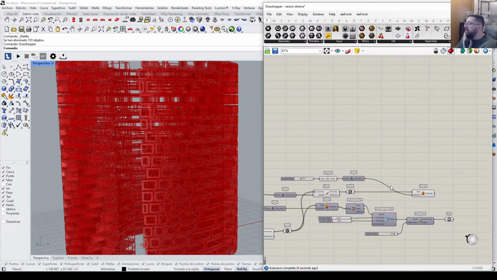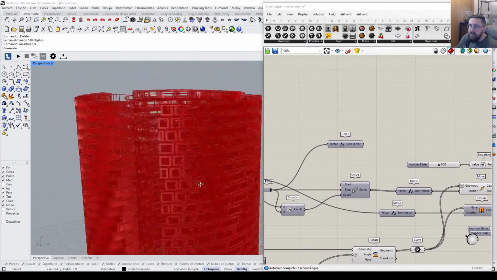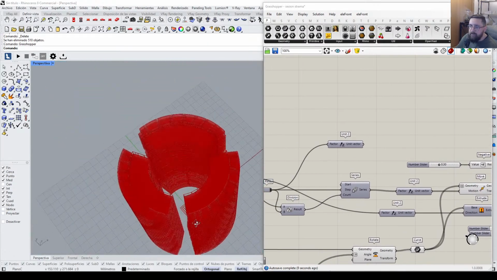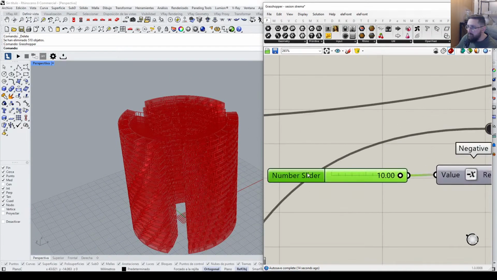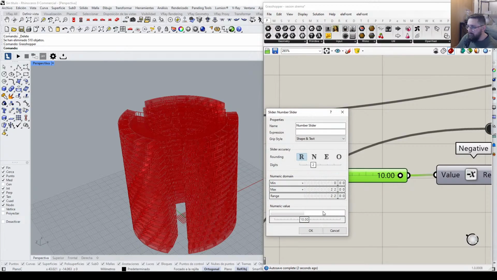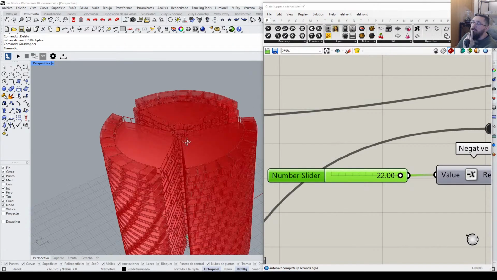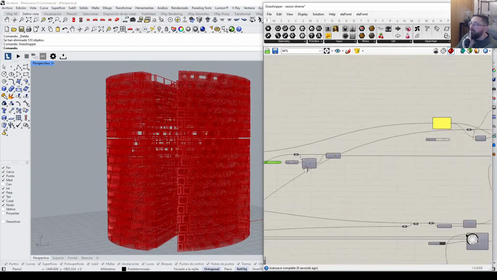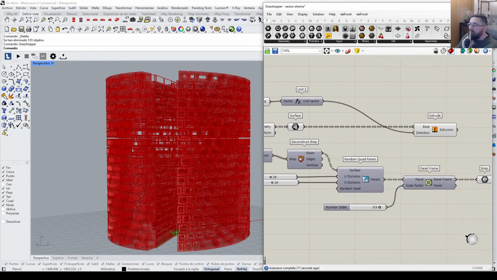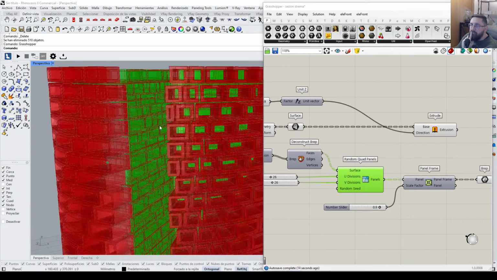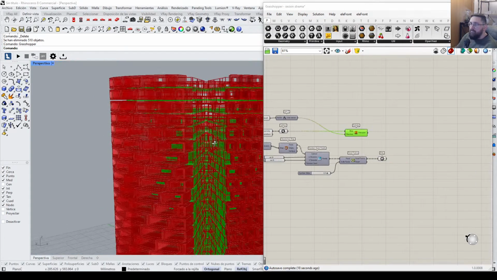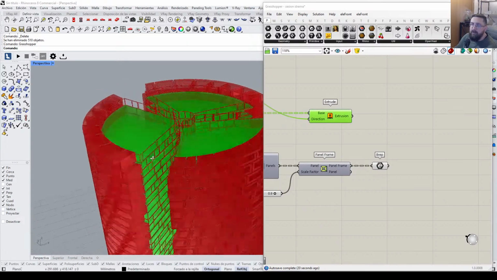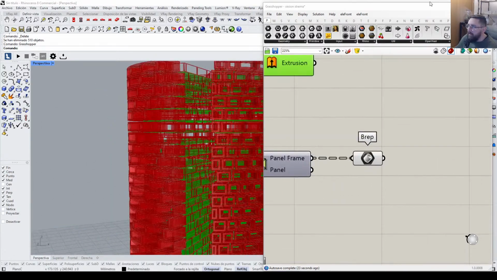Okay. And lastly, okay. Anyway, I'm gonna bake this.